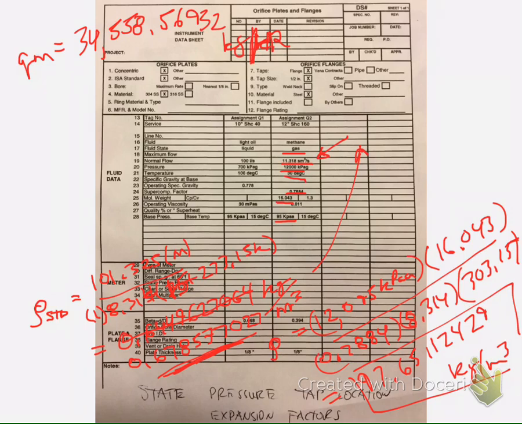So we need that value to enter into our equation. Now I should be able to go back to my Orifice Sizing equation and enter this in: 34,558.56932. Density is the flowing density, this one over here, which is 97.65112429.